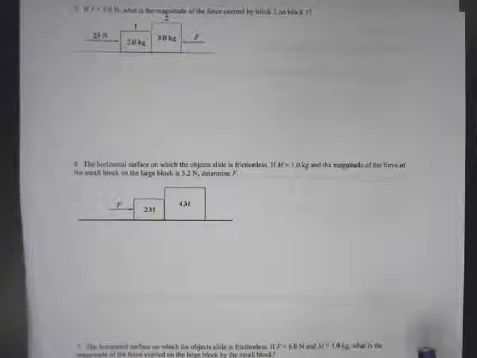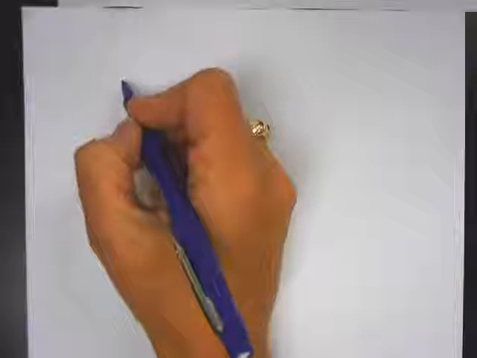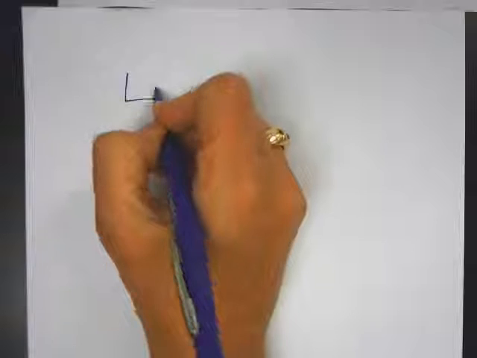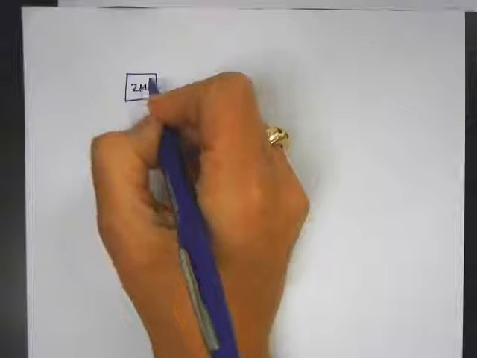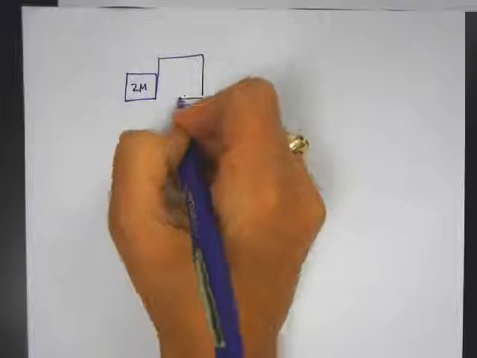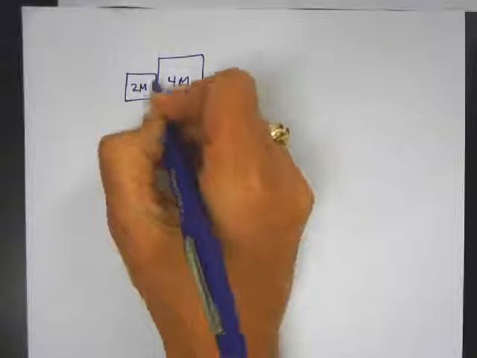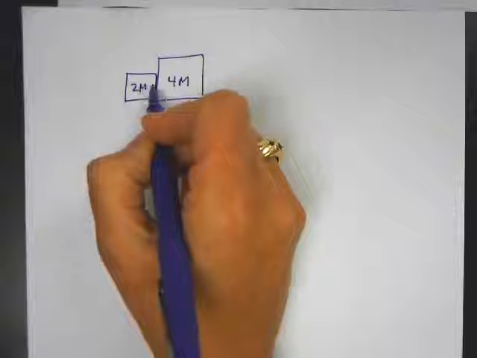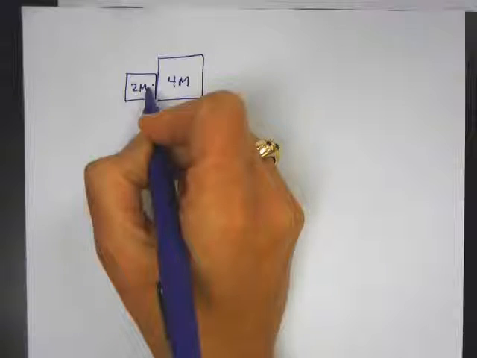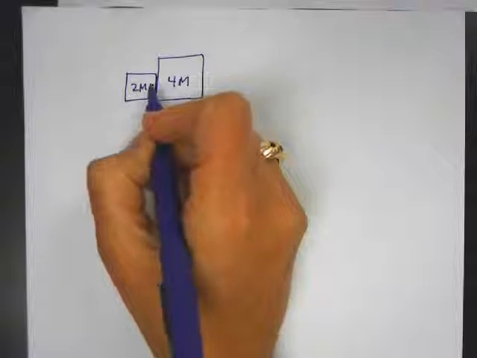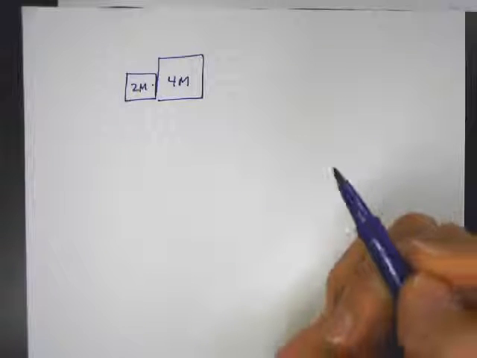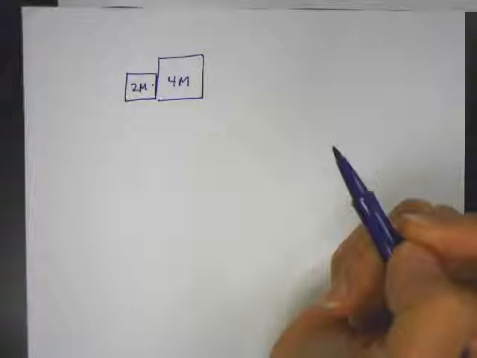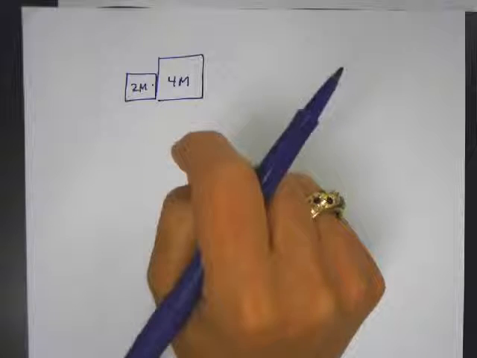Determine F. Because of Newton's third law, when you have the two blocks, they're going to have a contact force in between them. This 2m block is going to exert a force here, and then this block is going to exert an equal and opposite force on the other block.